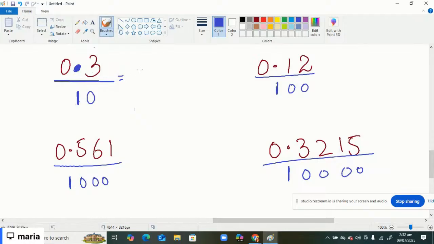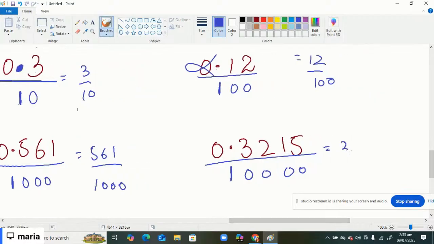After that, we write it like this: 3 over 10, 12 over 100. We are not writing the point and this zero, we just cancel them out. And 561 over 1000, then 3215 over 10,000.